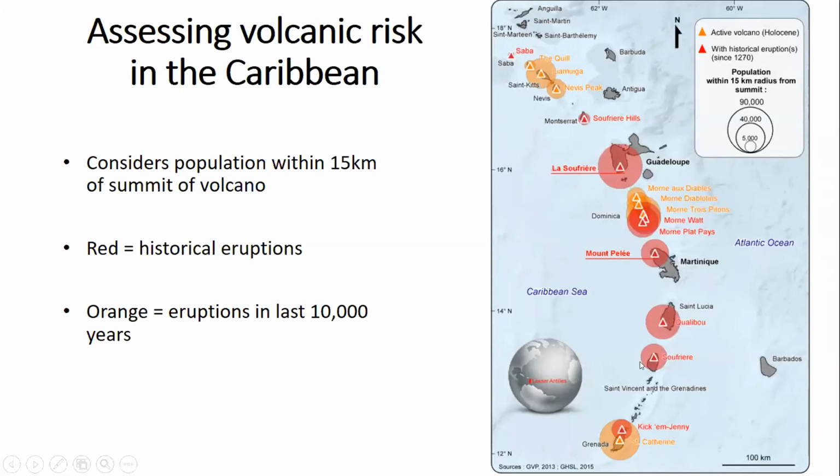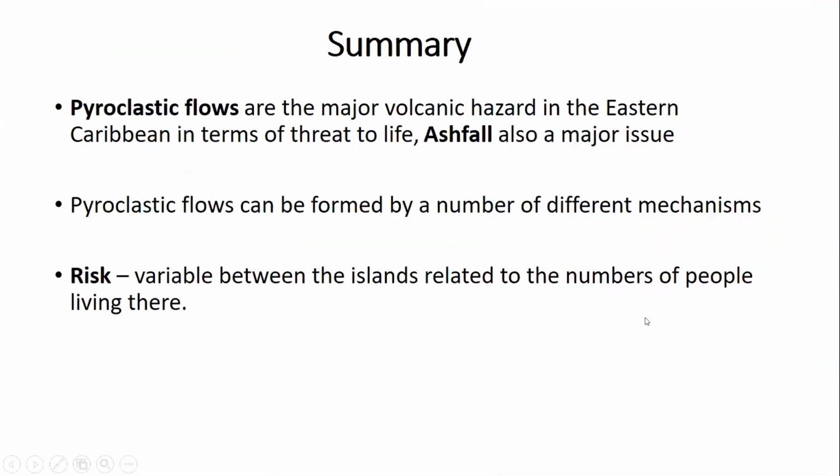In terms of numbers of people close to the volcano, in St Vincent the risk is slightly lower. So it gives you an idea that although I've talked about there being this hazard and all these volcanoes, the risk varies enormously.